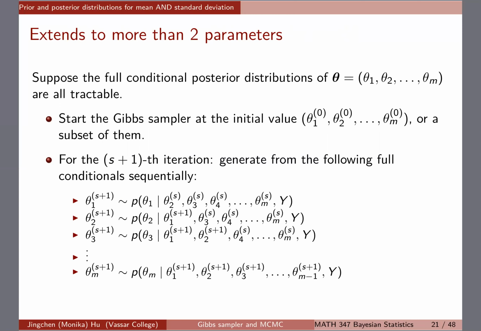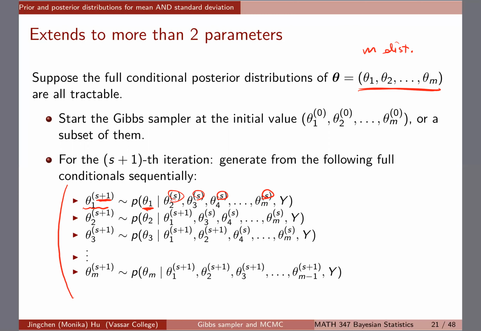So you first derive the full conditional posterior distribution for each of them, giving you m distributions. Then you can go to your Gibbs sampler. For the first parameter, you draw it from its full conditional posterior distribution. Suppose I'm working on iteration s+1, then theta 1 depends on all of the previous iteration values of the other parameters.